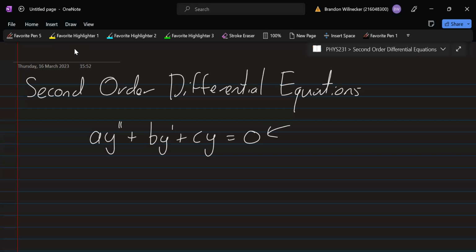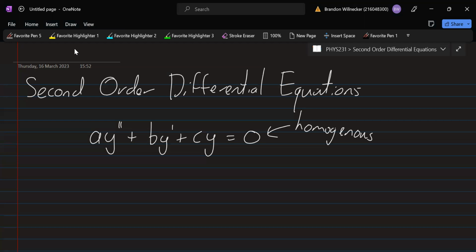And the fact that the right-hand side here is 0 means that this is homogeneous. If the right-hand side is some function of x, then we say that it is inhomogeneous, and we'll be dealing with that later. We do have second-order differential equations where instead of constant coefficients, we have functional coefficients. However, we won't be dealing with that in this course.